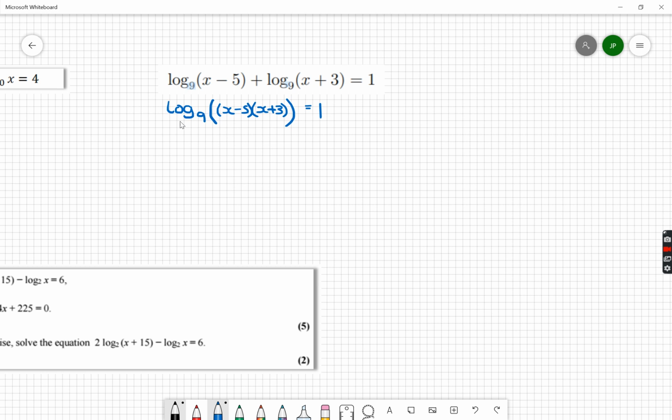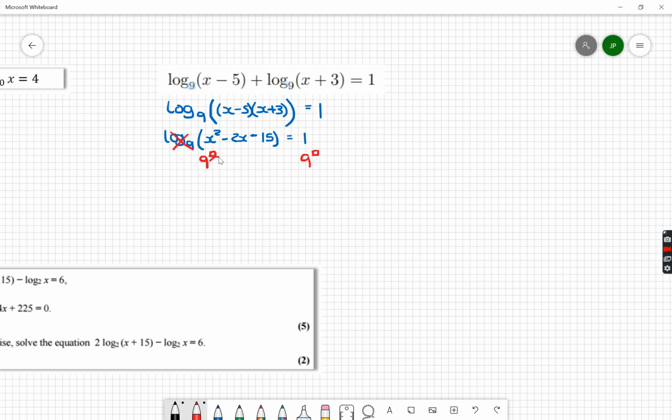So we can expand our brackets out. So I'll have log base 9 of x squared minus 2x minus 15 equals 1. You've got to be careful because you raise to the power of whatever your base is. So this one has got to be 9 to the power rather than 10 because it's a log base 9.